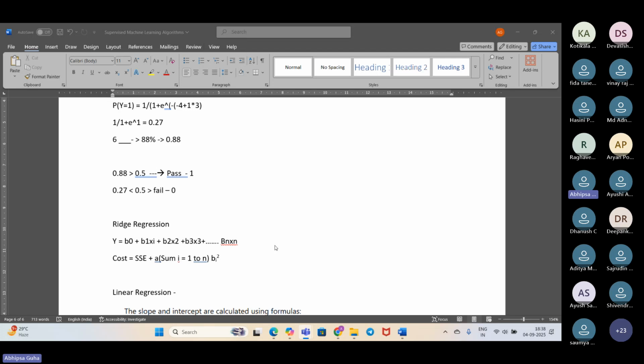Okay. So ridge regression we can think of as just a special version of linear regression.